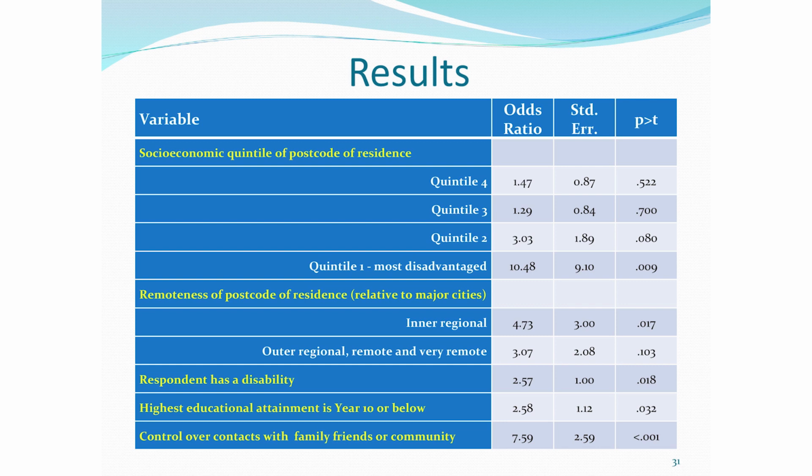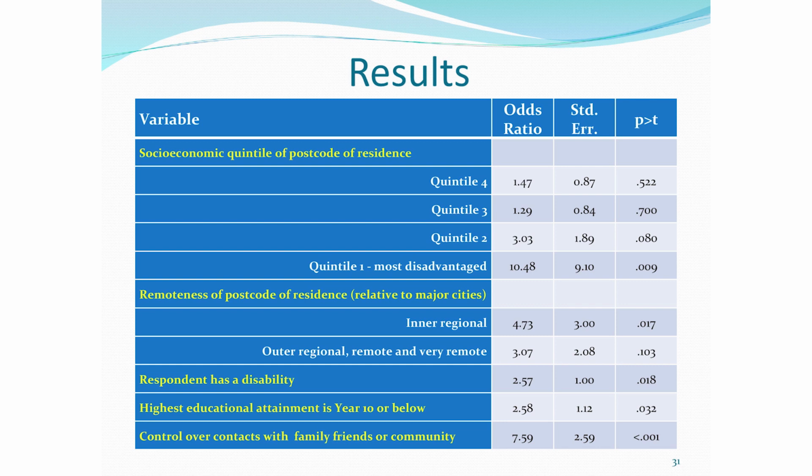The other quintiles were not significantly different from the lowest quintile. Remoteness is an issue. If you live in an inter-regional area, you're significantly more at risk than if you live in either the outer regional, remote or very remote areas, or I should say the inner city. I don't know why inter-regional is like that. That's a question for further research.